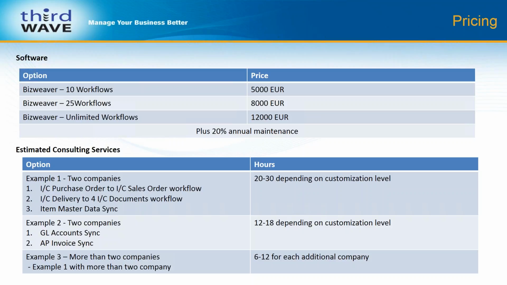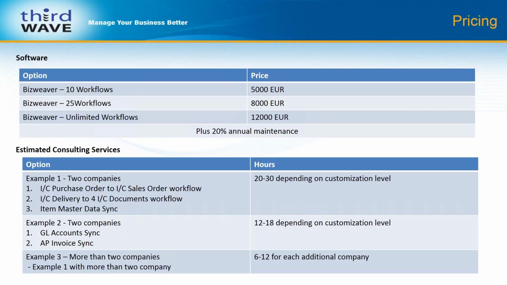So to get somebody in the door, the base product is 5,000 euros, and that would include creating or modifying the ones we give, the 10 different workflows. So again, like Mike said, a lot of these pre-built integrations that we have, we're going to be giving that with the product. So if you wanted to take any of them and tweak them for your customers, you'll have full ability to go and modify some of the SQL queries or change the workflow around, add in a couple other pieces.